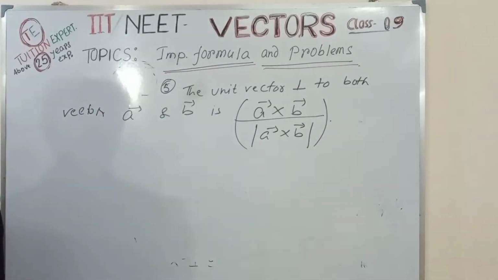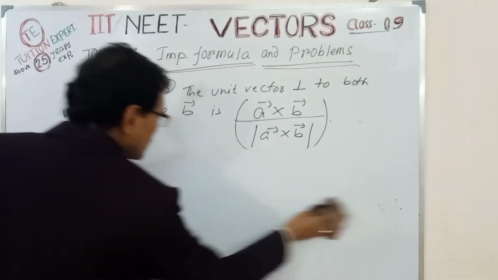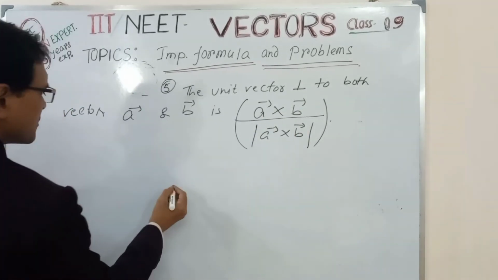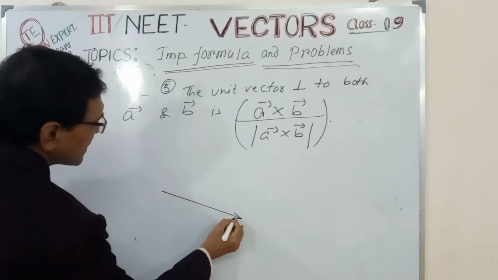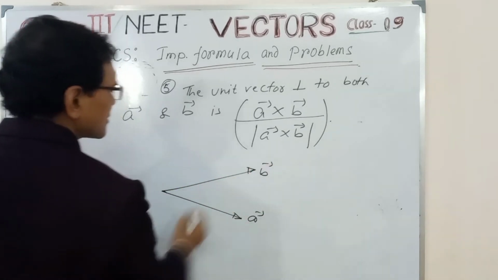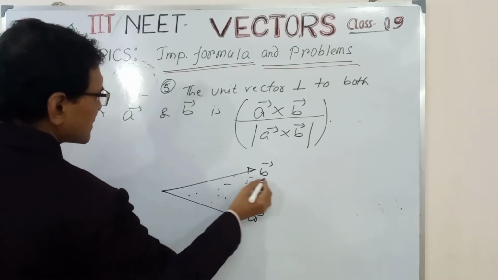This is the result, because suppose this is a vector A and this is a vector B, so A and B lie in this plane.